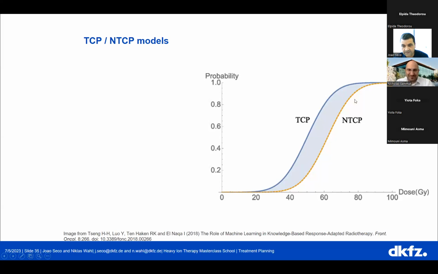But if I give 80 gray, I have close to 100% tumor control. But the difference is that at 50 gray, I have basically no toxicity, only 20% toxicity. But if I do 80 gray, I have a significant amount of toxicity. So although I get 100% control of the tumor, my toxicity is so severe that very likely the patient would not survive. So the key is to find a solution that balances the two. Somewhere in the middle of these two, you have a maximum effect. So around, let's say 60 gray, probably 60, 70 gray is the optimal effect where you have this maximum.